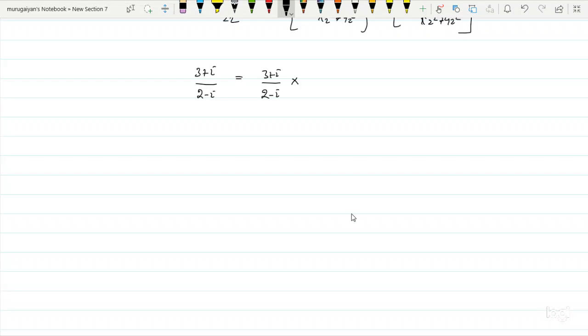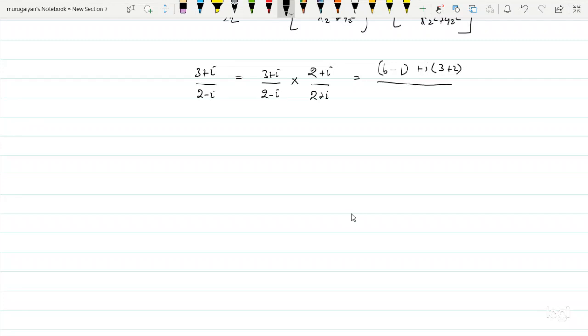Multiply and divide by the conjugate of the denominator, 2 plus i, just a normal multiplication. 3 into 2 is 6, by formula minus 1 into 1, 1, plus i times the mixed case, 3 into i, that is 3, and i into 2, plus 2.